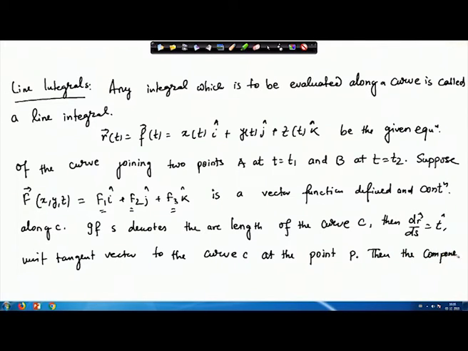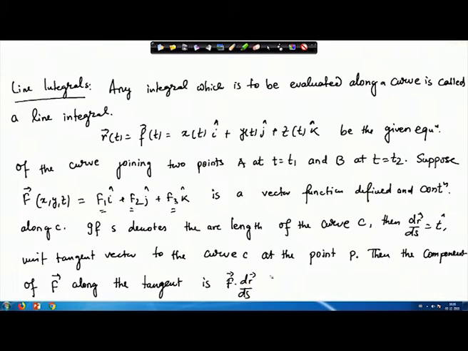Then the component of F along the tangent is F dot dr/ds.